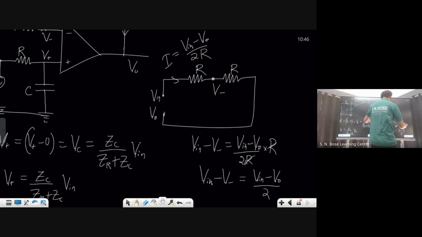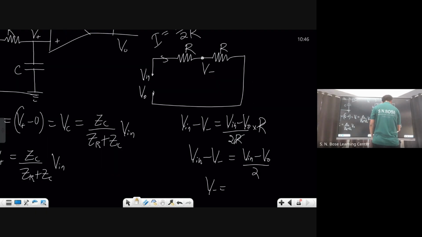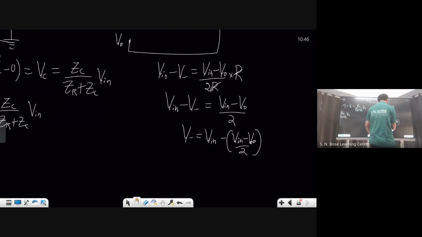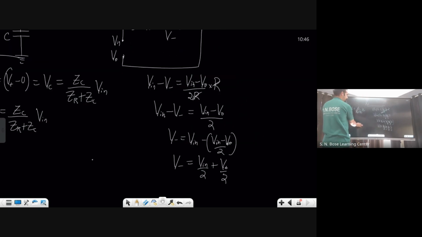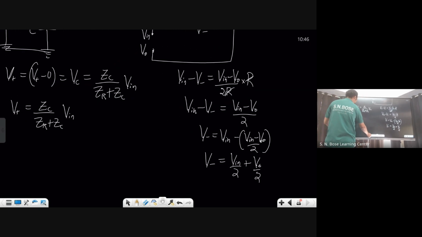Anyway, now V minus is equal to V in minus of V in minus V naught by 2. V in minus V naught by 2, that is V in by 2 plus V naught by 2. Check the algebra quickly. Now V plus nearly equal to V minus.